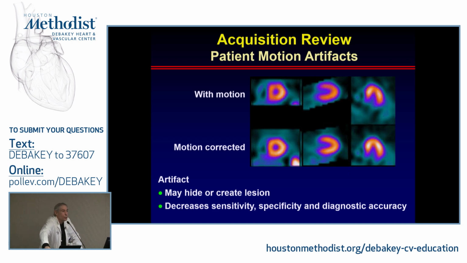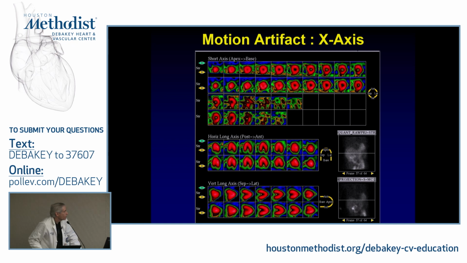I really believe when you image somebody, you should image a high quality study and not have to sit and try to correct it, because no algorithm is perfect, okay? So whenever we do imaging, whether it be PET imaging or SPECT imaging or CT imaging, we always like to have motionless images, because motion correction is not always accurate. But this is just an example where a patient did have motion correction, and it actually did do a good job in terms of looking at the difference.